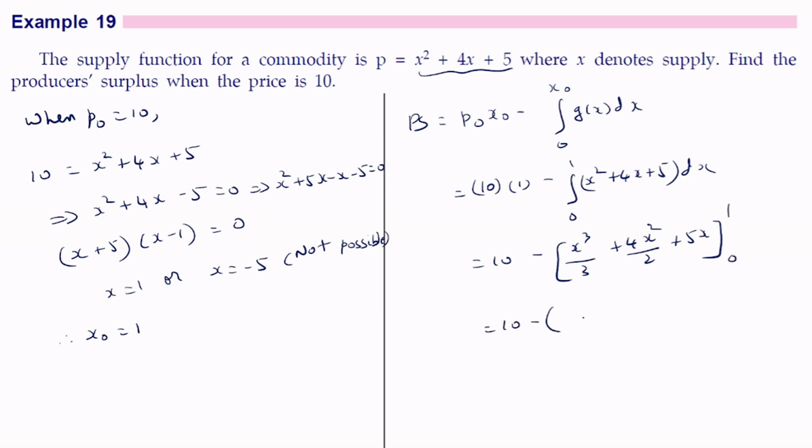So this is 10 minus, the upper limit is 1 by 3 plus 2 plus 5, minus the lower limit, which is 0. So this is 10 minus 7, which is 3, 3 minus 1 by 3. So it is 8 by 3. Therefore, producer surplus equals 8 by 3 units. So this is with respect to consumer surplus and producer surplus.